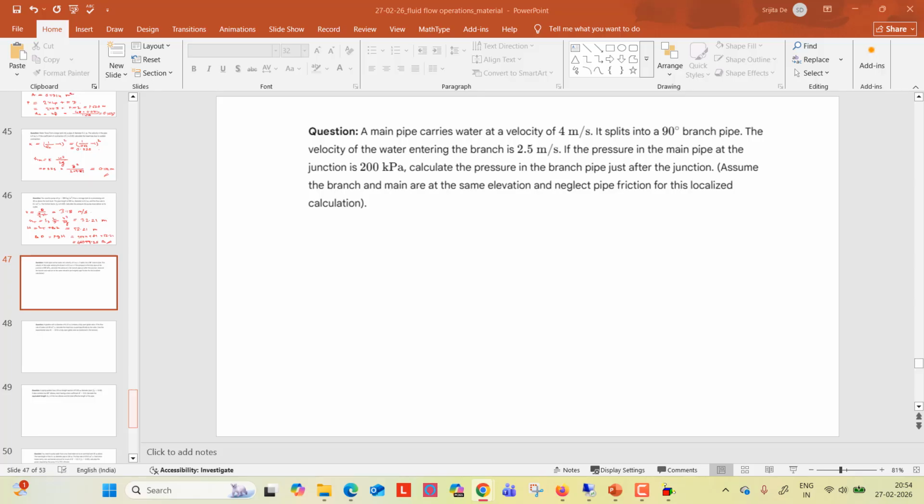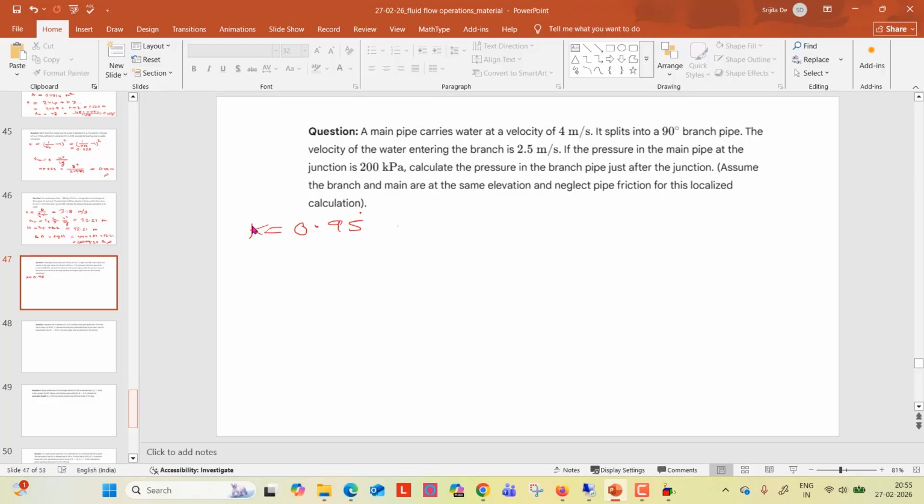As this is a 90-degree branch pipe, K is 0.95. Earlier I have done with 0.9 I think, so please change the value of K from 0.9 to 0.95. Okay, so it will be coming almost close.